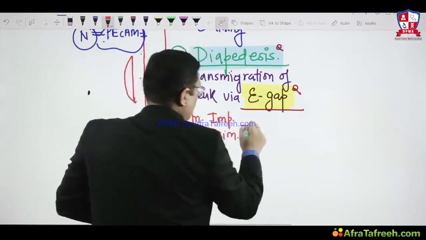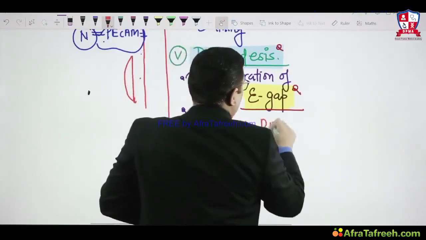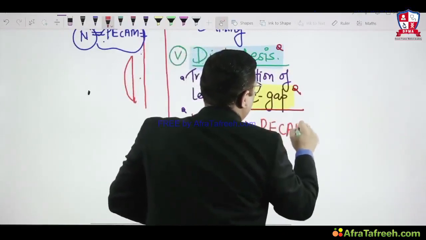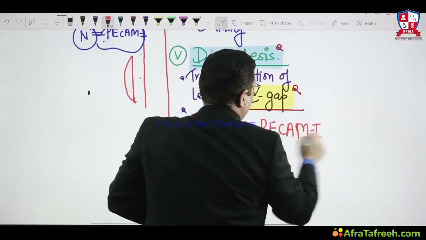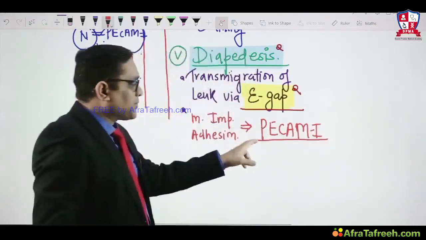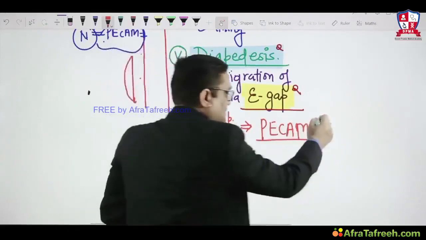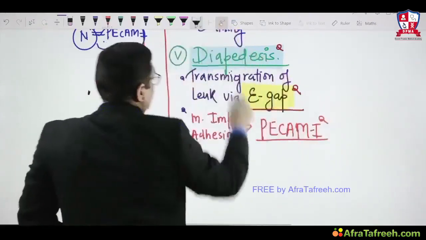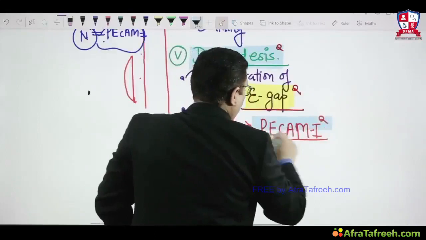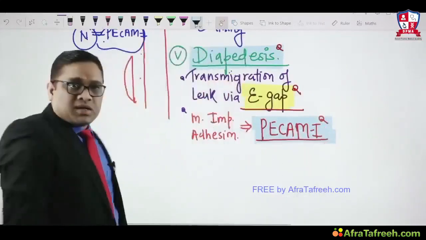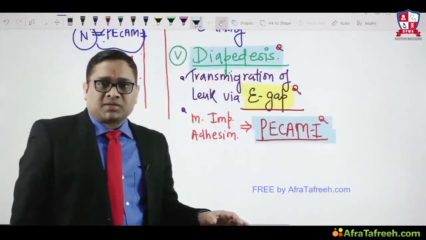Most important adhesion molecule, as I have said just now, is PCAM1, platelet endothelial cell adhesion molecule 1. PCAM1 is the most important adhesion molecule for diapedesis. This is the older question which examiner had asked many times.